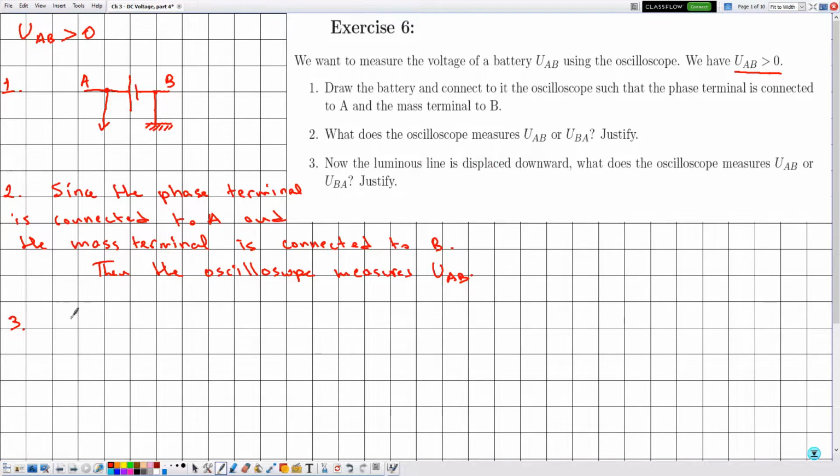Since the luminous line is displaced downward, then the oscilloscope measures a negative value or negative voltage. It's the same. So let me write value.